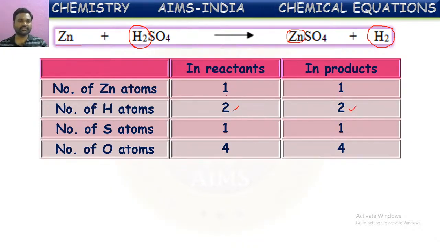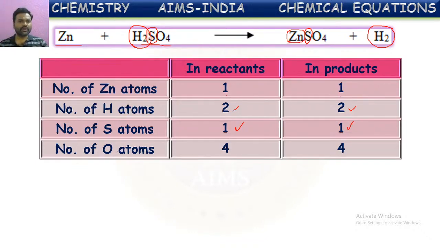If you see the number of sulfur atoms, in this H2SO4 molecule there is 1 sulfur atom on the reactant side. On the product side, there is only 1 sulfur atom. So the number of sulfur atoms is the same on both sides.